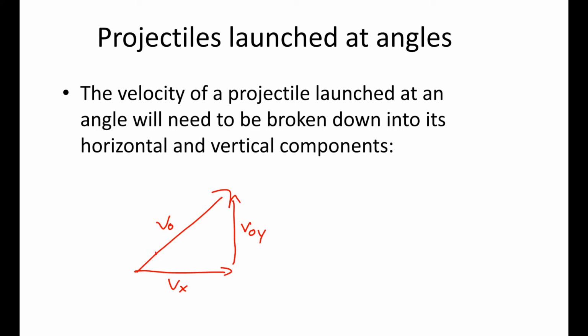And it's going to be launched at some angle theta. Does that make sense? So usually what you're going to be given is v0 and theta, and the first thing you'll have to do is find vx and voy using sine and cosine. So this is the initial velocity in the vertical direction. This is the velocity in the horizontal direction, which stays the same.